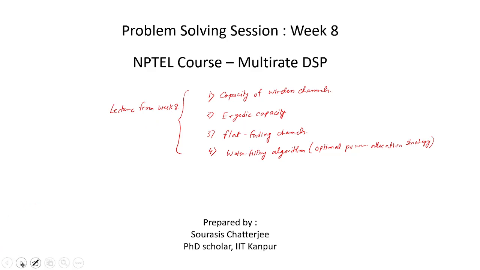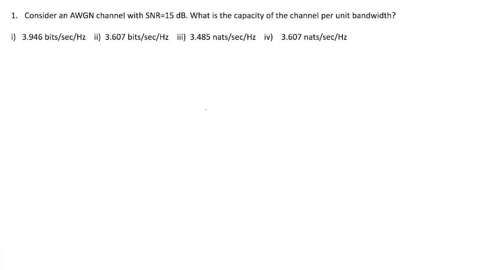In the first problem, we are asked to consider an AWGN channel with SNR 15 dB. What is the capacity of the channel per bandwidth?